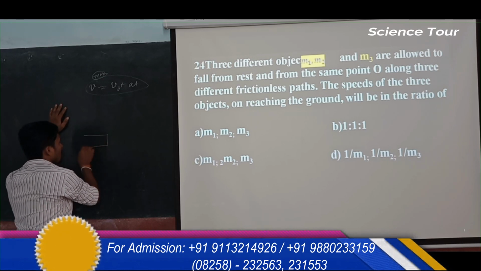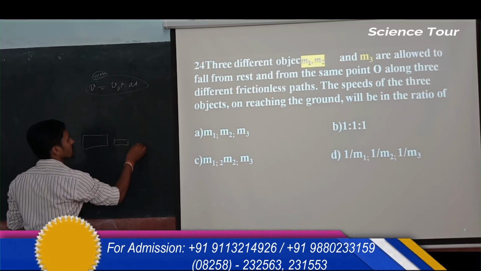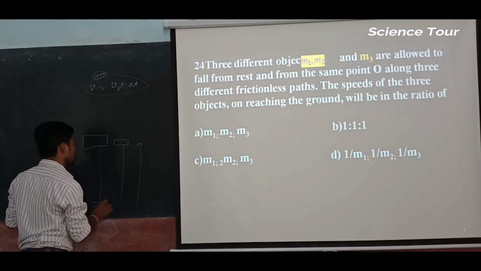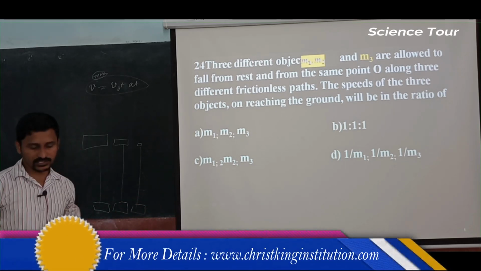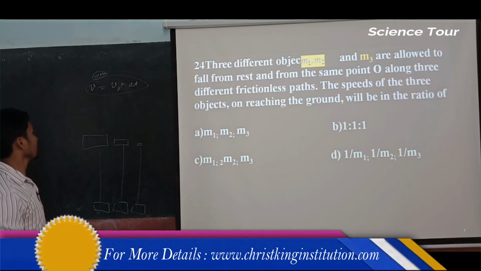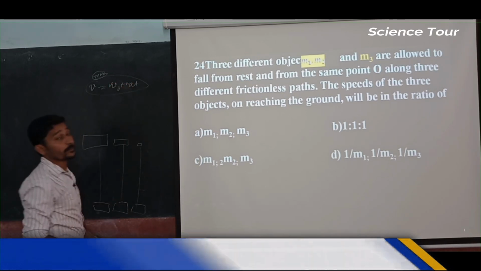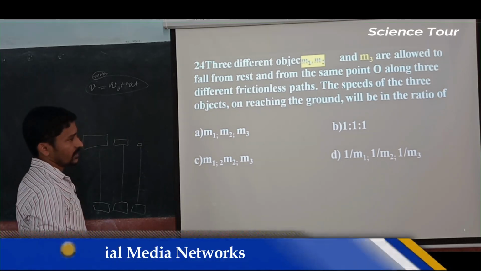You take the mass m1 like this, m2 in this way, m3 in this way, simultaneously you allow them to fall, they will reach with the same velocity simultaneously, because there is no air resistance. And there is no term called m here. If m was there, they would be dependent. If m is not there, it is not dependent on mass.